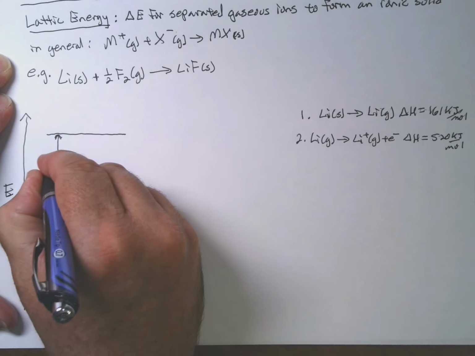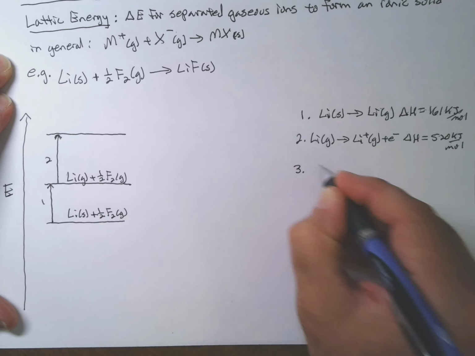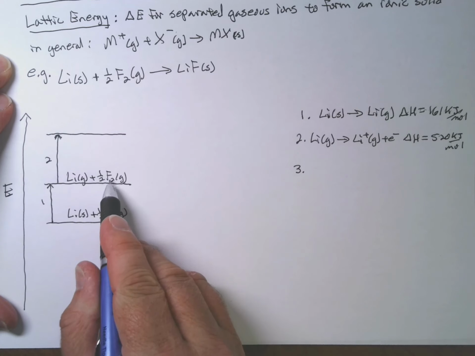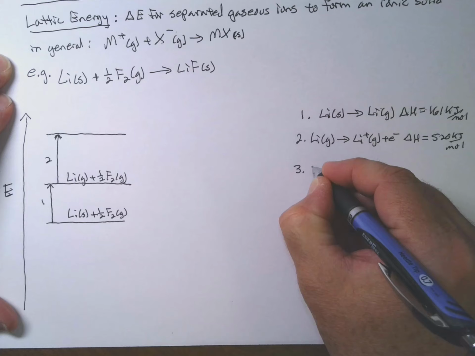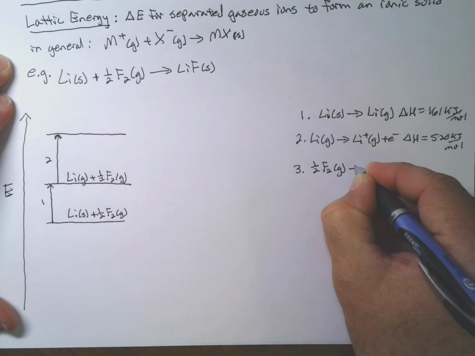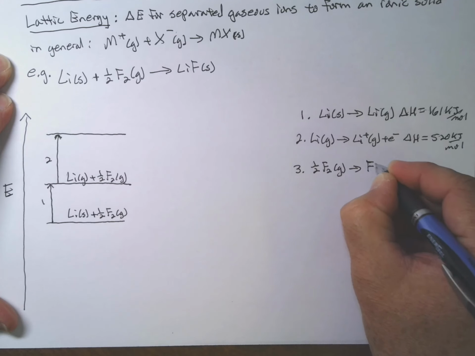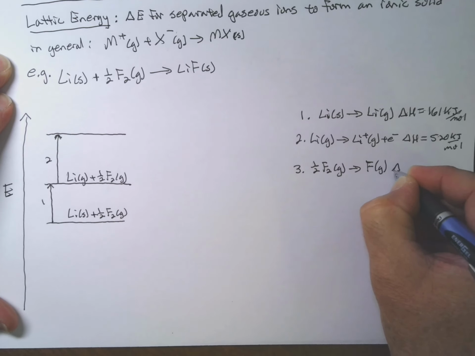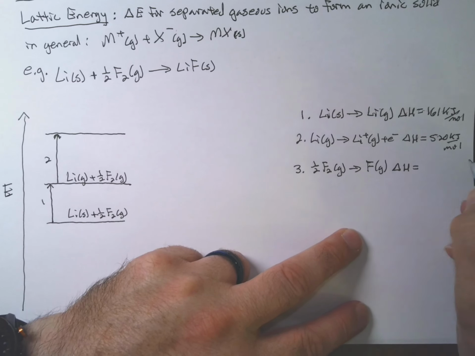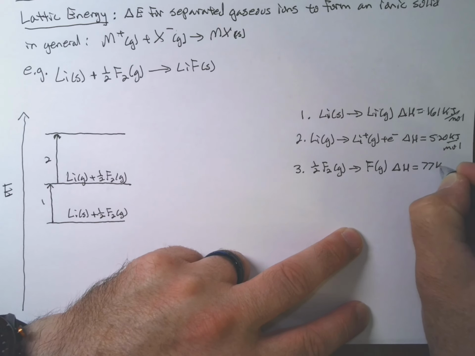This is 1, 2, and then in my third step here, I'm going to split up my half a mole of F2 into just 1 mole of F. So 1/2 F2 gas goes to F gas, and delta H equals 77 kilojoules per mole.